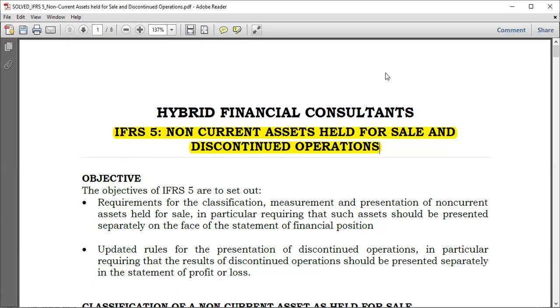If you have non-current assets and they qualify as being held for sale, then we say that these are non-current assets held for sale and they are treated as current assets, right? So normally these non-current assets held for sale will not be depreciated because they are now current.